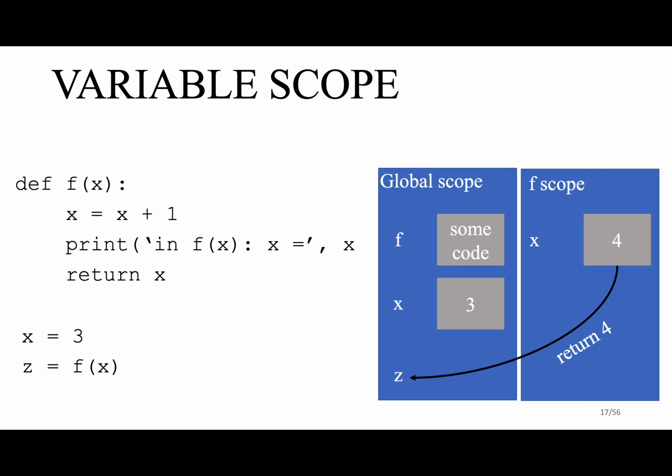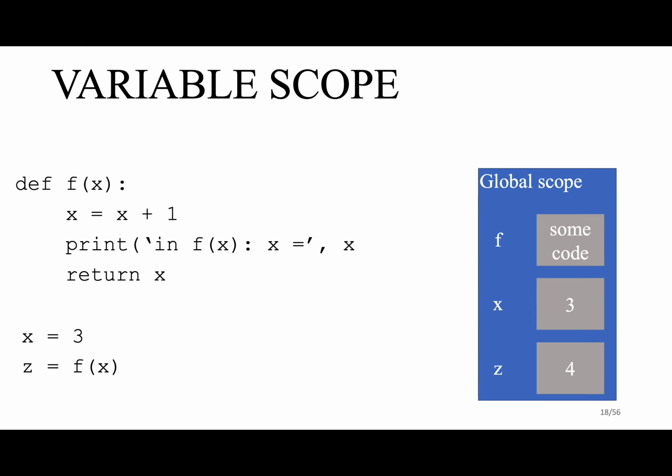When it executes return, it transfers the value of variable h to z in the global scope. And after executing the return, it destroys the f scope memory. So we don't have the f scope memory anymore, we just have the global scope.